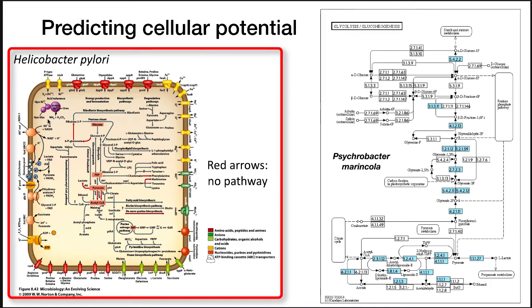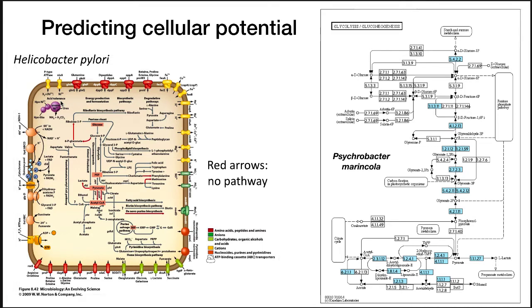Also note the urease enzyme up here in the left. This will make ammonia, so it takes urea and converts it into ammonia and increases the pH of the environment around the organism. And this makes sense because its environment is the stomach, and you want to take care of any acid that's there, and it protects the bacteria.